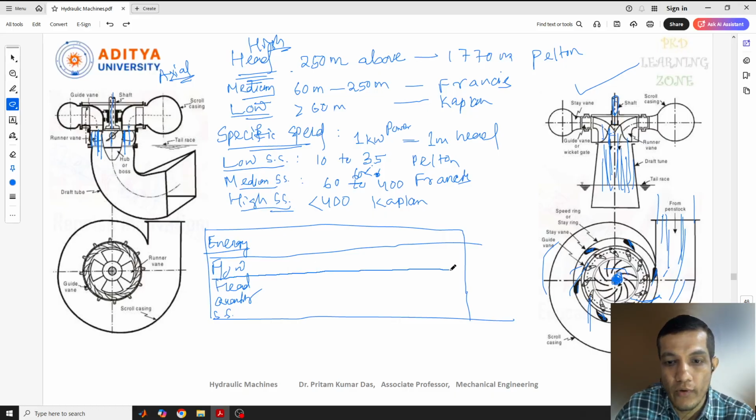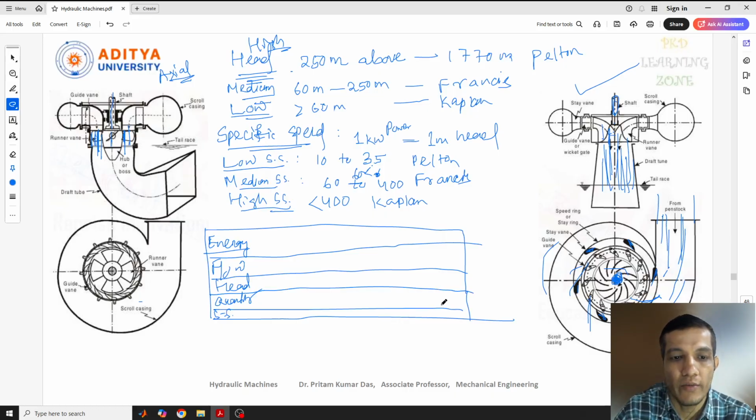The quantity of water is also a very important thing, which is the reverse of head. When it is high head, it will be opposite for the quantity of water. Here for the Pelton turbine, it discharges a less quantity of water, for Francis a medium quantity of water, and here a high quantity of water. High Q, medium Q.